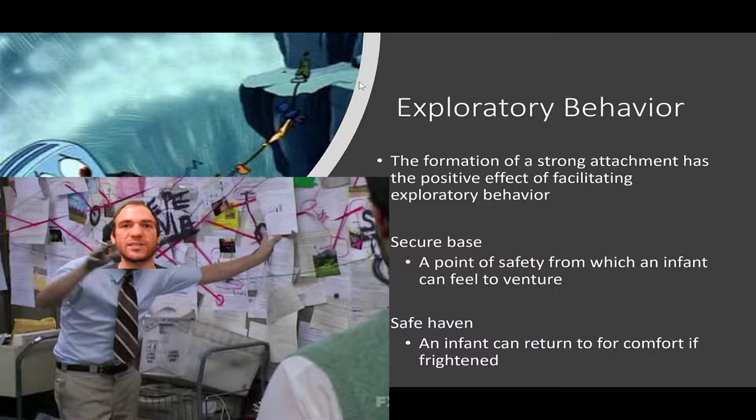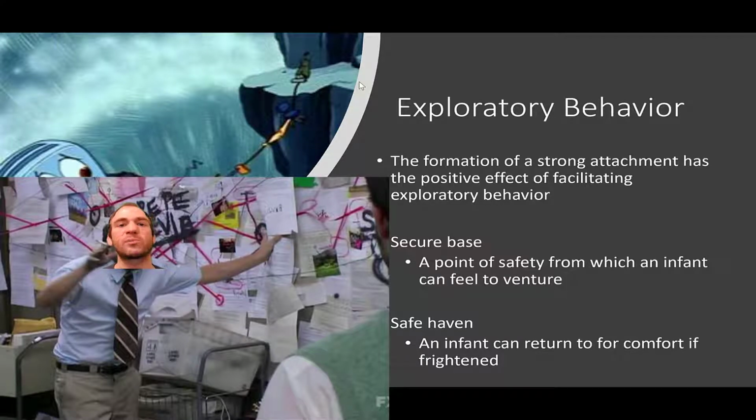So they have their base, like an army base or something, and then from there you can scout ahead, learn, or whatever. However, also if something scares you, something's overwhelming to the infant, they know that they can return back to their strong attachment, their caregiver, and be comforted in response to being overwhelmed in their exploratory behavior.